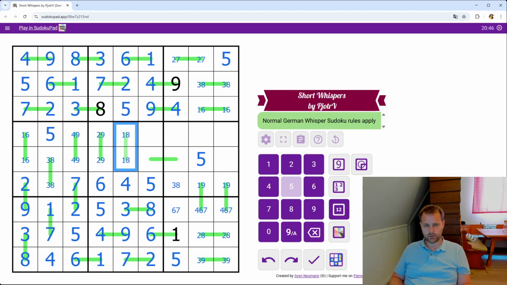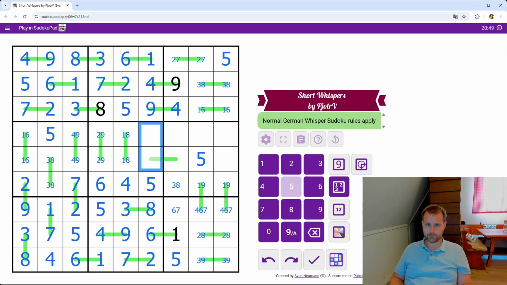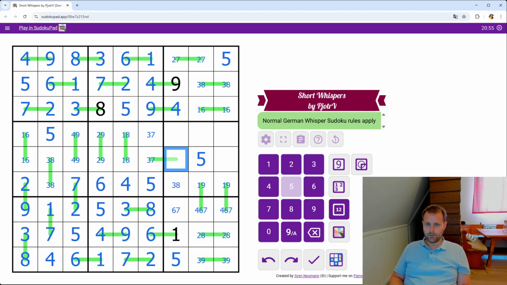So this is actually a 1-8 pair. And this is therefore a 3 and a 7. Yeah, if this is a 3, this is an 8 or a 9, but not a 9. If this is 7, this is a 1 or a 2, but not a 1.